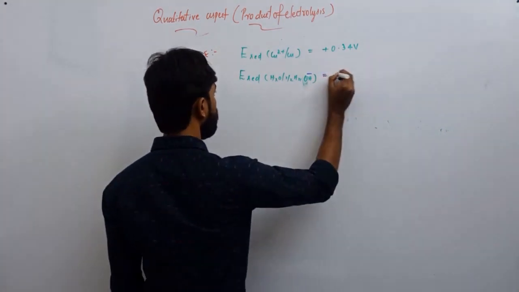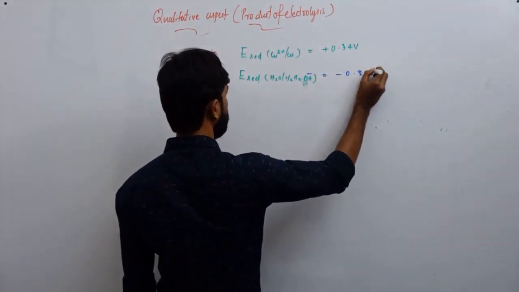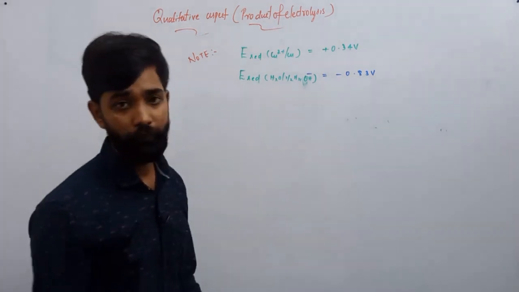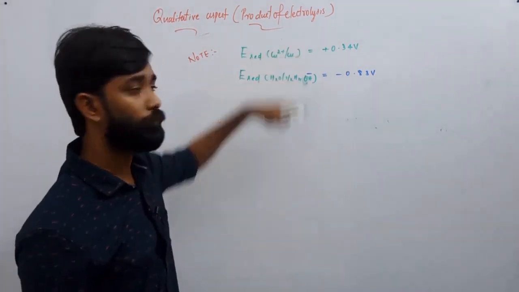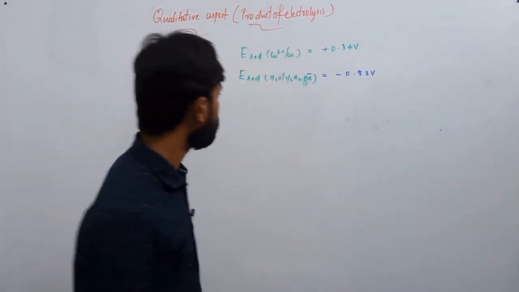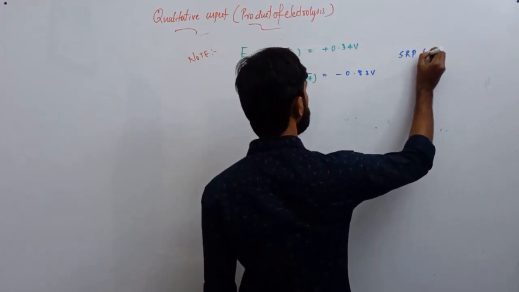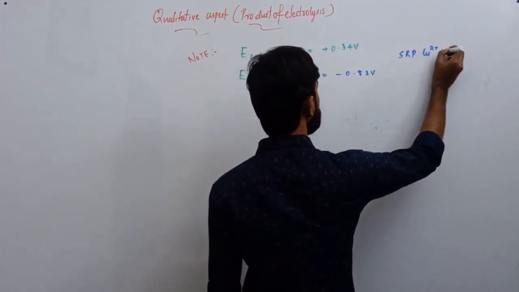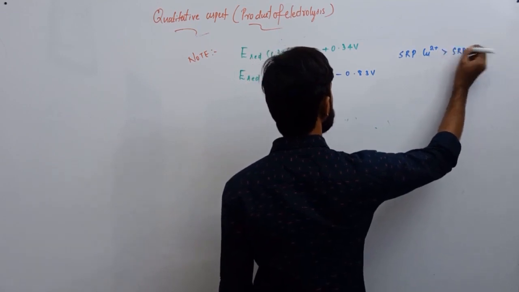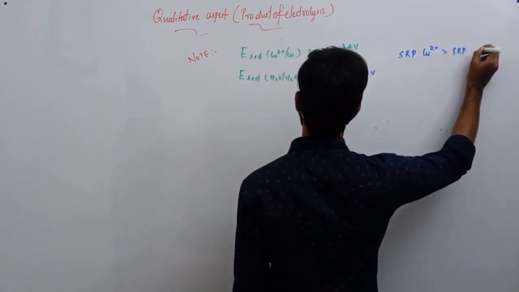And this value we already discussed, it is minus 0.83. So compare these two, which has greater reduction potential? The standard reduction potential of copper, Cu2 plus, is greater than the standard reduction potential of what? Water.